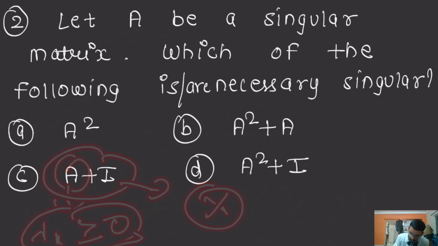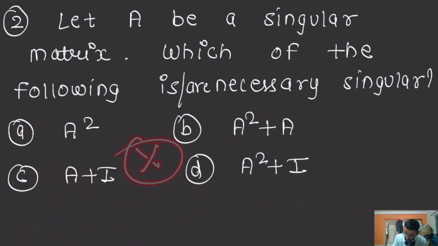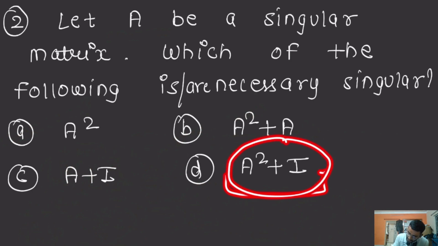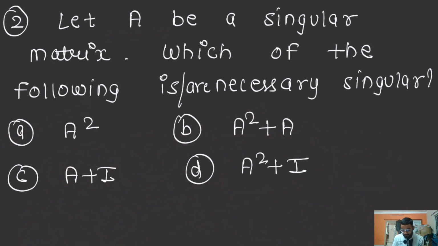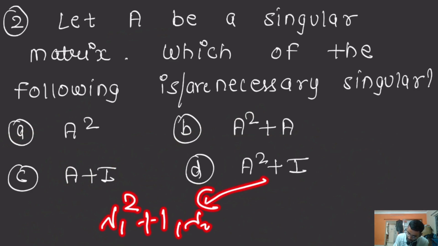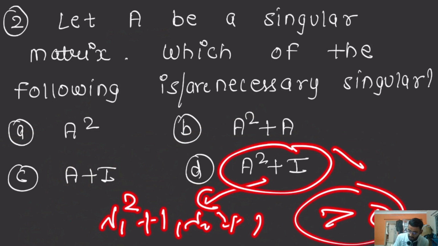So this is not necessarily singular. And A squared plus I, we have already seen, is not a singular matrix, because the eigenvalues lambda 1 square plus 1, lambda 2 square plus 1 will always be greater than 0, and hence this matrix is not singular.